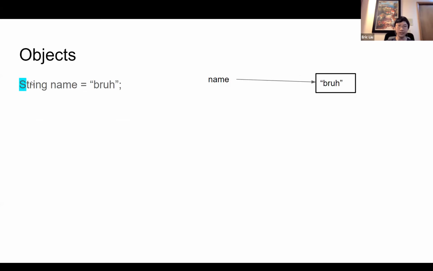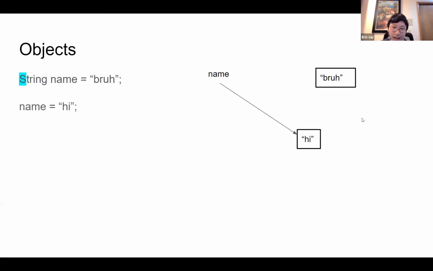Whereas for objects, here's your string name, and it's set to bruh. And then now we set it to hi. So it's created a new object, and the old one is still there and will get deleted pretty soon, but there's no variable referencing it. Once you make a new name2 and set it to name, it references the exact same object.